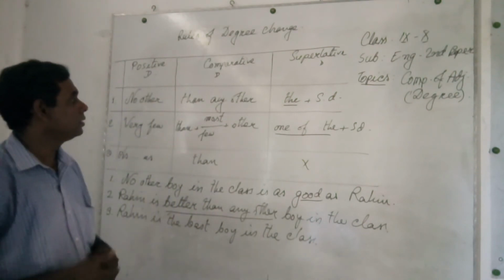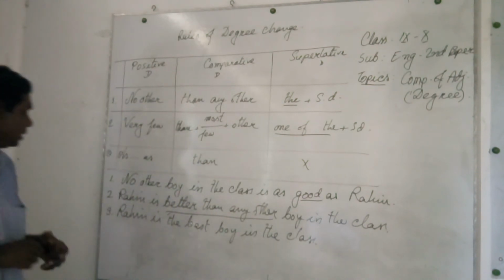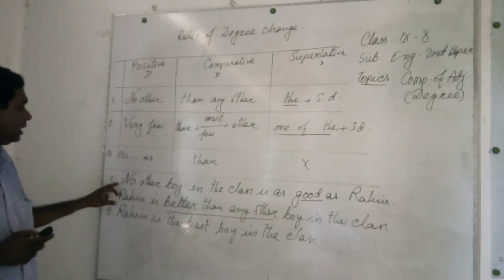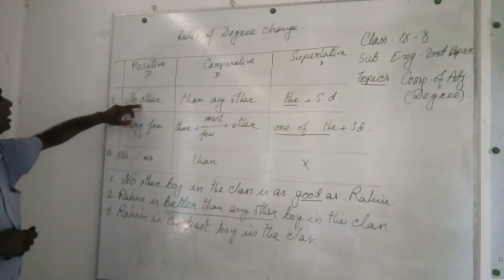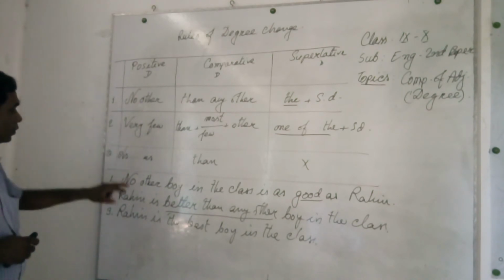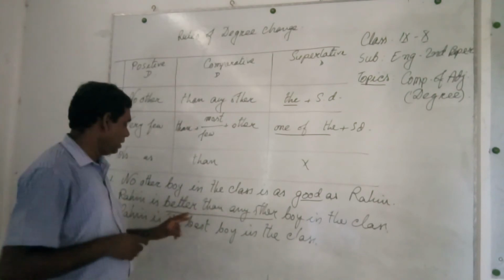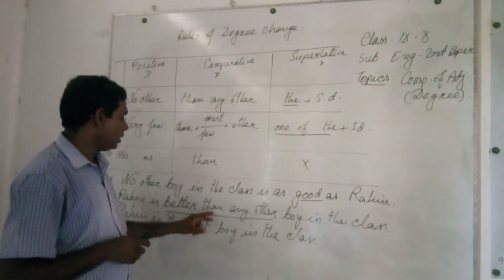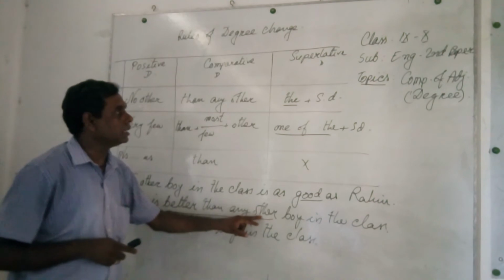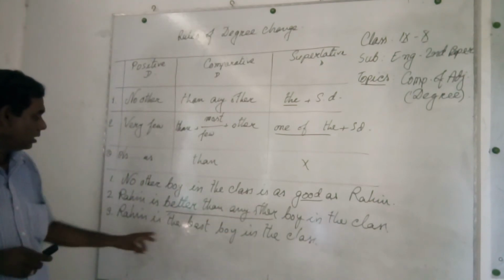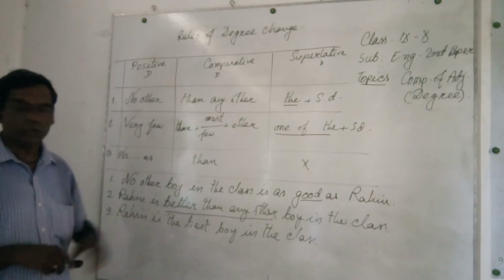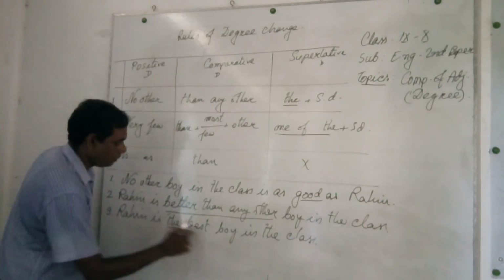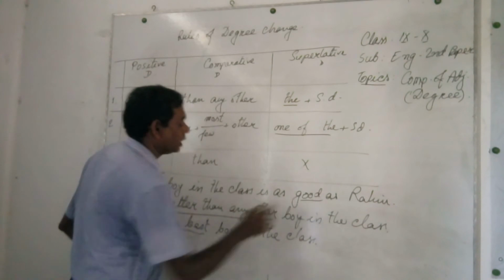Dear students, you can see clearly that when the positive degree begins with no other, then in the comparative degree we use than any other, and in the superlative degree we use the plus superlative degree.